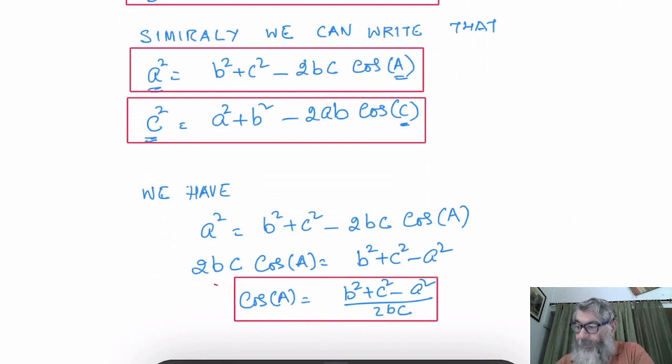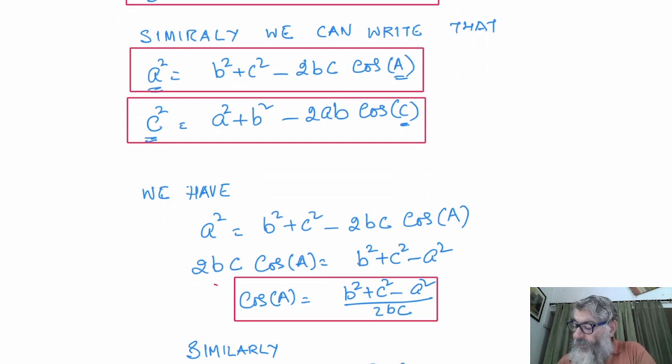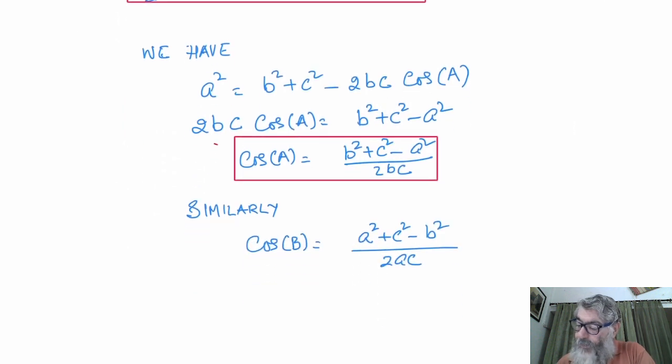Similarly, cos B will be equal to A square plus C square minus B square upon 2AC, and cos C can be equal to A square plus B square minus C square upon 2AB.